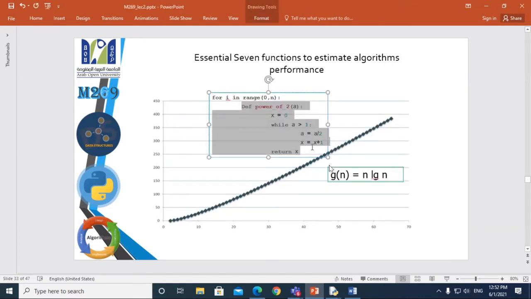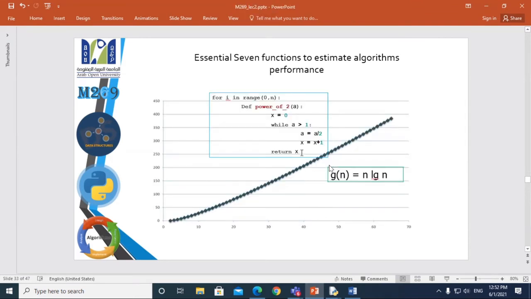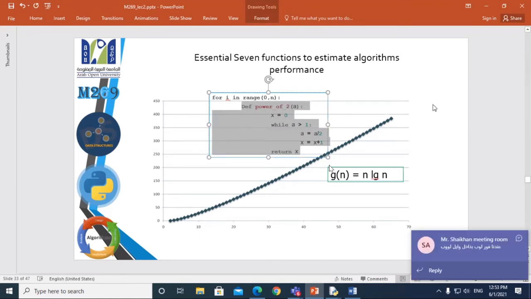Now we added that, that is log n. خلاص هنا that is log n, which is exactly that one. Now that one is log n, how many times will it be repeated? n times. Exactly. هنا من هنا for loop. شايفين ال for loop? So for loop from 0 to n.